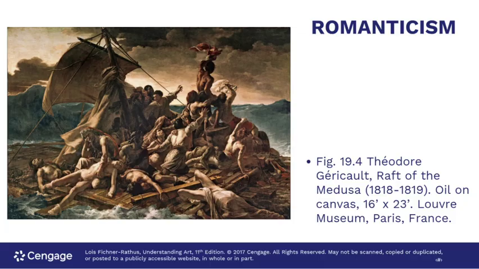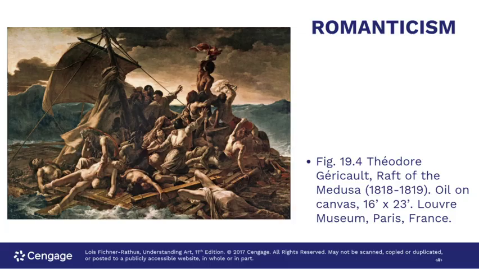And so the story in this painting is that this is a shipwreck, and it was based on a true story where the captain of this ship was made the captain not because he was qualified, but because he was a relative or a friend of the government, so it was nepotism essentially.